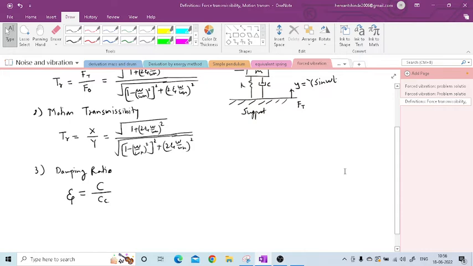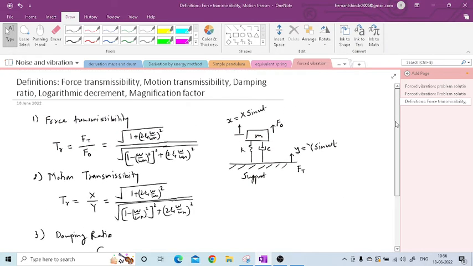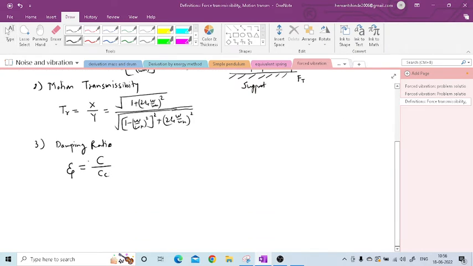Now the next term that we'll see is logarithmic decrement. So the fourth term is the logarithmic decrement.